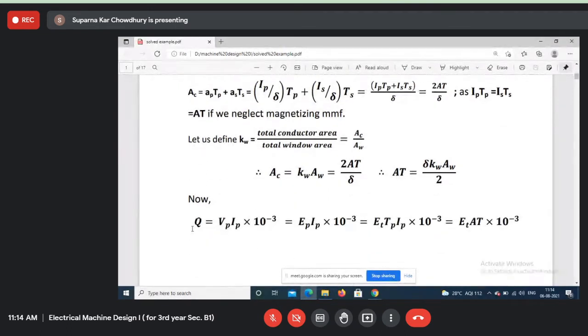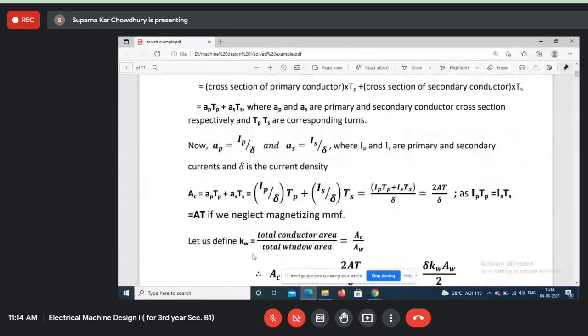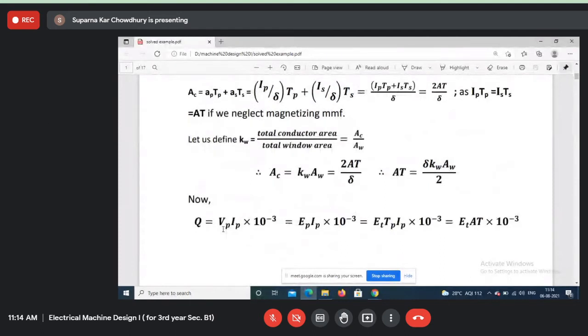Now if we go to the rating, I have defined Q as the kVA rating. So Q will be Vp Ip into 10 to the power minus 3, in kVA. Now neglecting the drop, Vp is equal to the induced voltage, so it is Ep into Ip into 10 to the power minus 3.